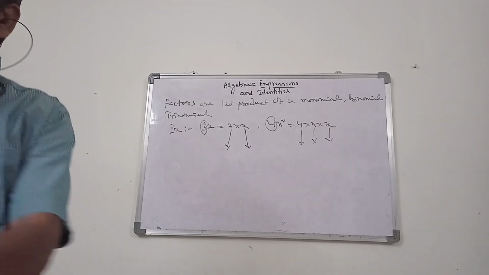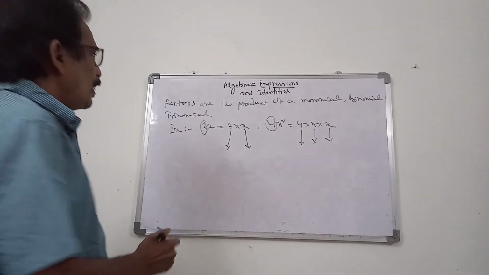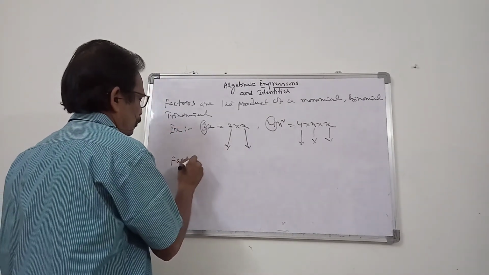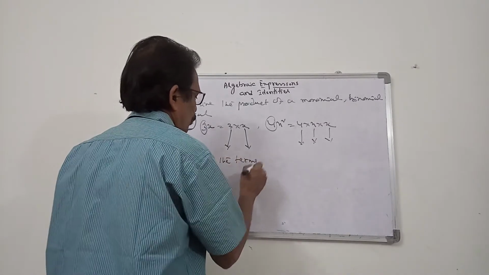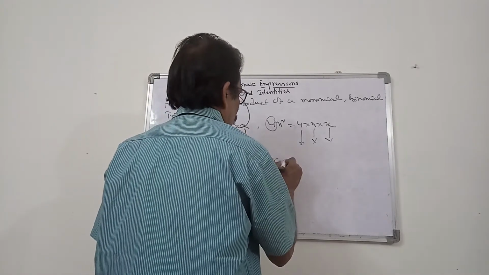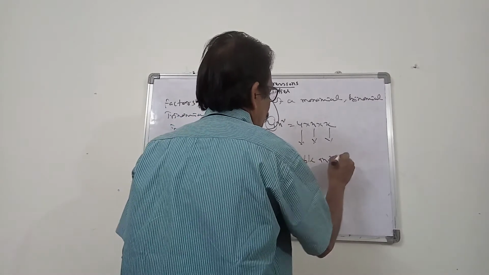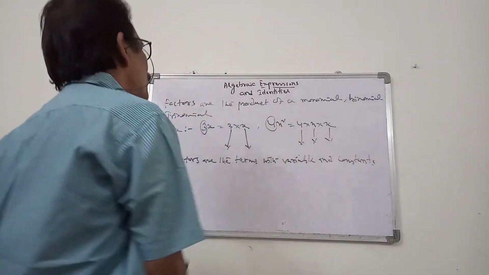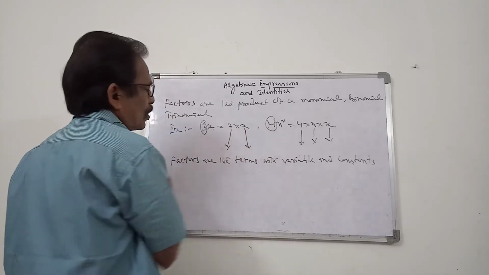The factors are the terms with variables and constants. As we have seen in 3x and 4x square, a variable and a constant are there.